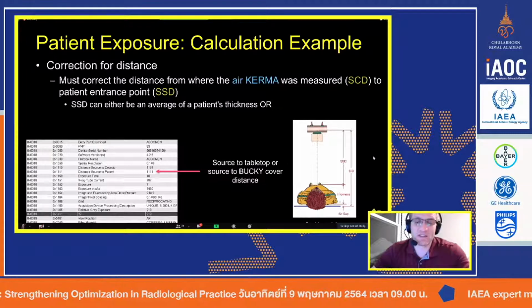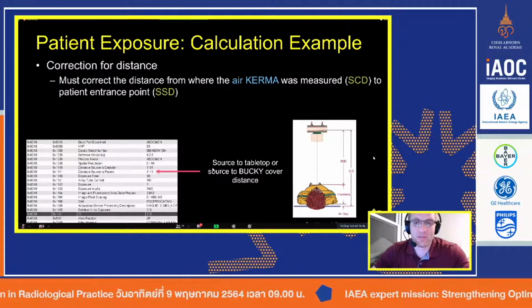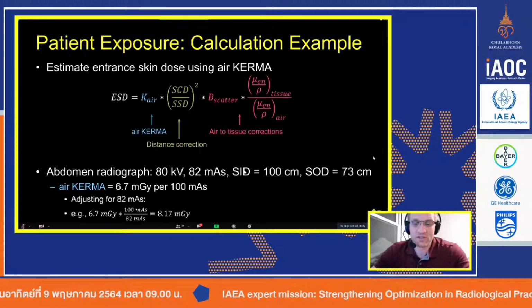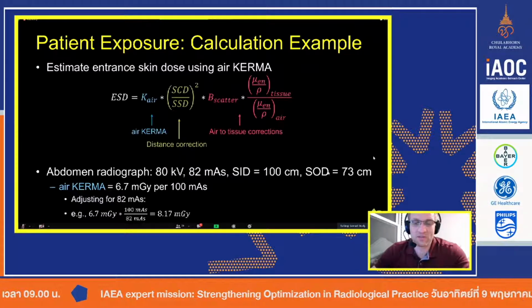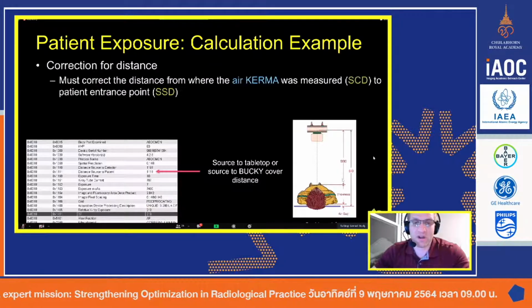In this case, as I mentioned in my previous slide, the source to image distance was 100 centimeters, and the entrance plane of the patient was 73 centimeters, so we basically know how thick the patient is.